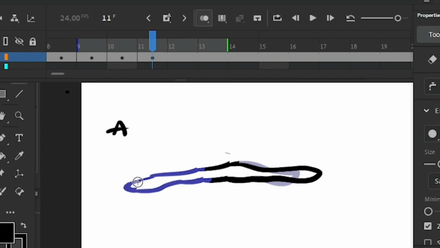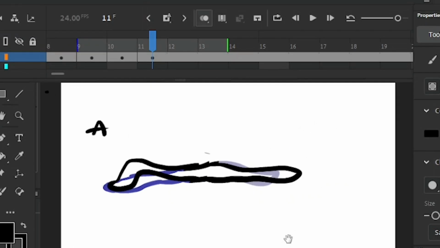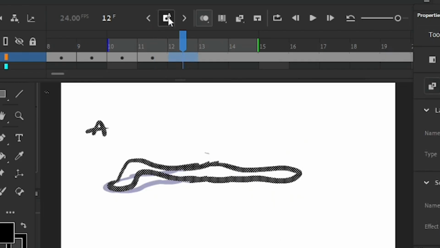We'll also have it move upwards. So come here again to the next keyframe, take another one.